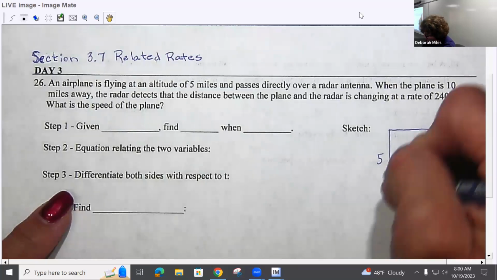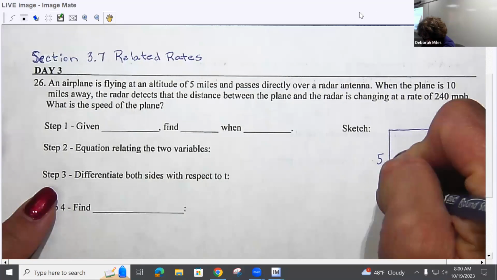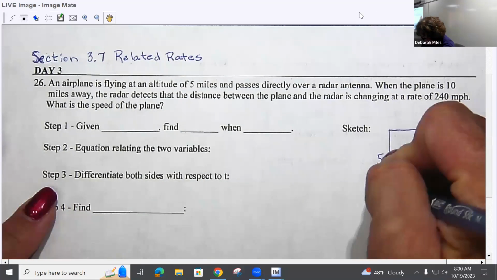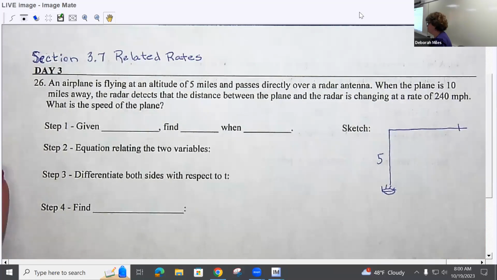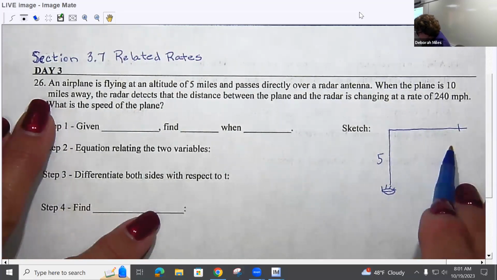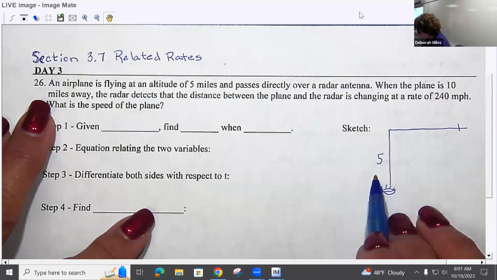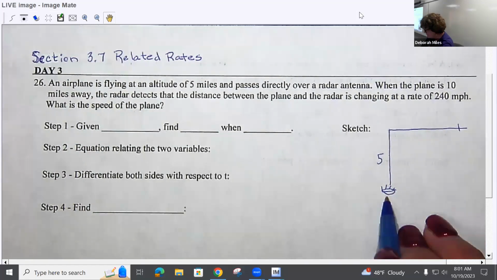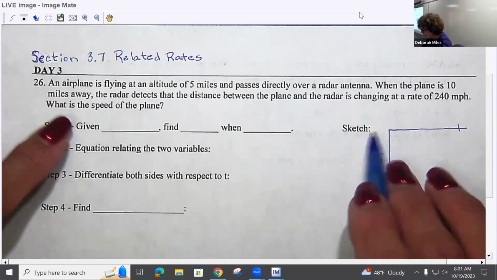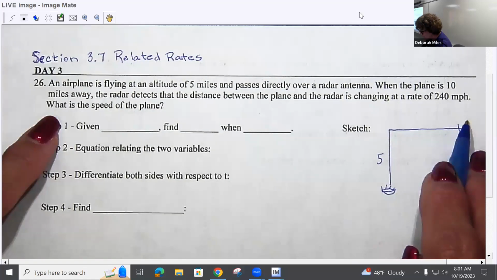You want to see my very best radar antenna? There it is. All right, an airplane is flying at an altitude of 5 miles and did pass over that radar antenna. When the plane is 10 miles away, the radar detects that the distance between the plane and the radar is changing at a rate of 240 miles an hour.